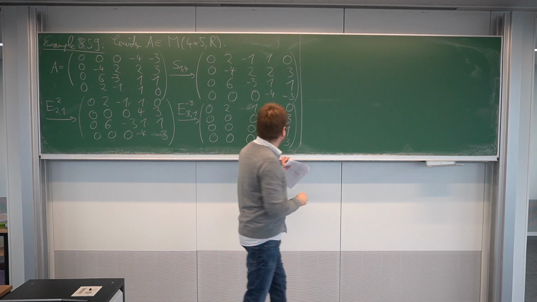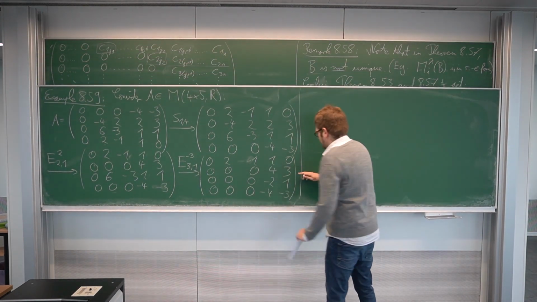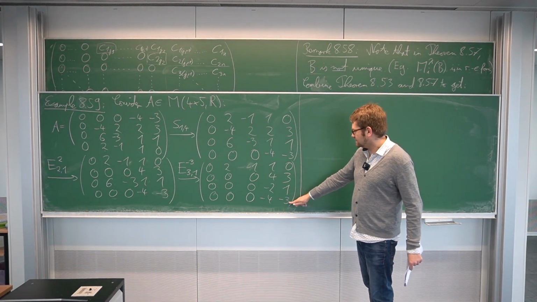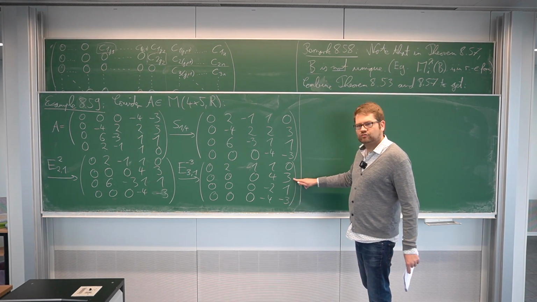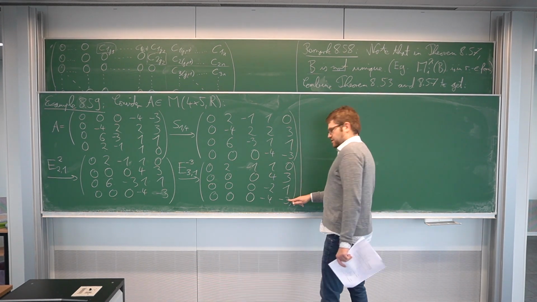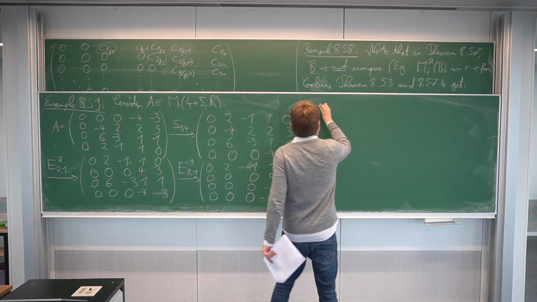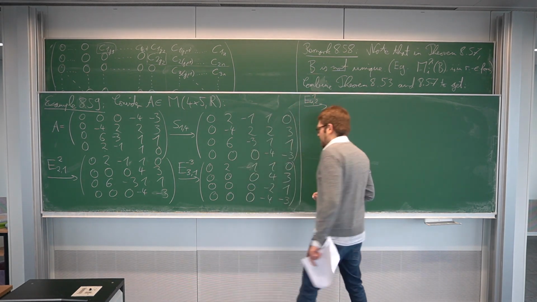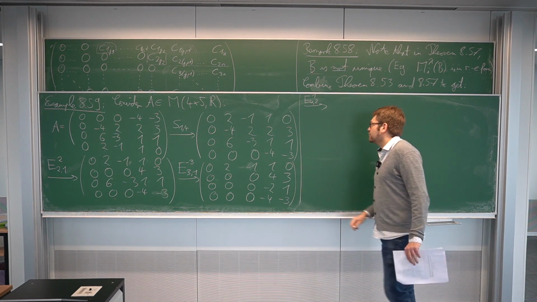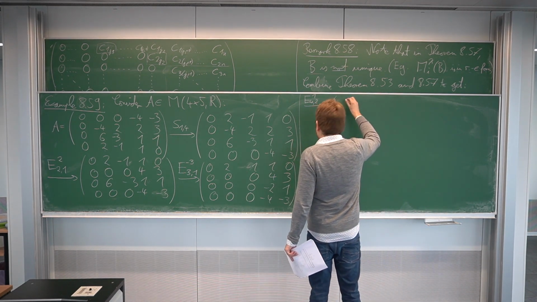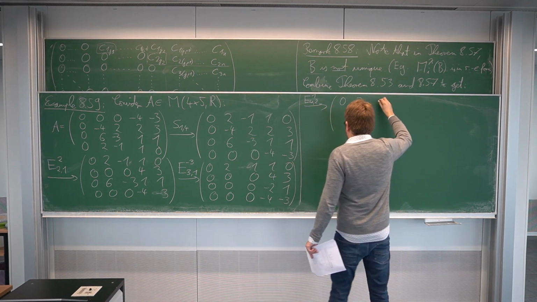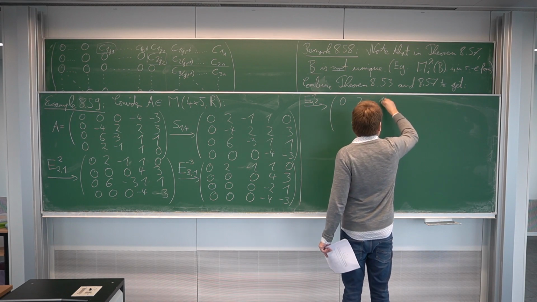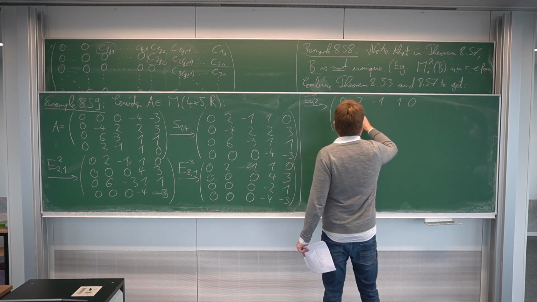First of all, we can just start with the last row. The order doesn't matter. This is of course just minus this row. So we just have to add this row to this to get 0 downstairs. So we just need E1, 4, 2. Add 1 times the second row to the fourth row and get 0, 2, minus 1, 1, 0.